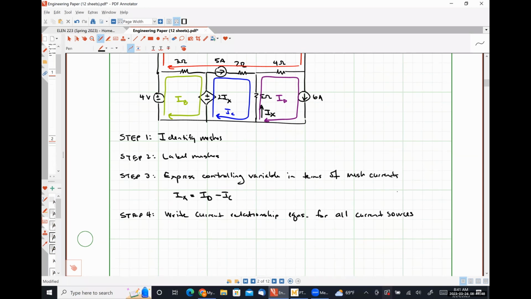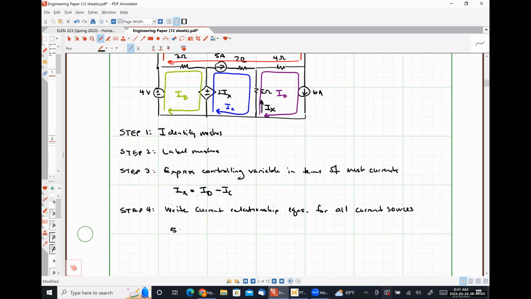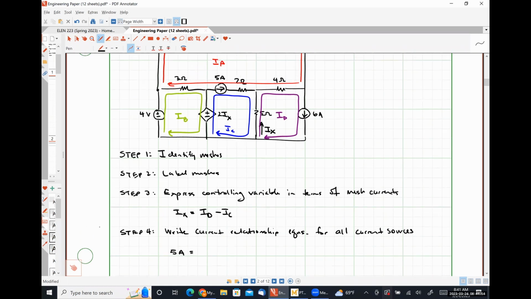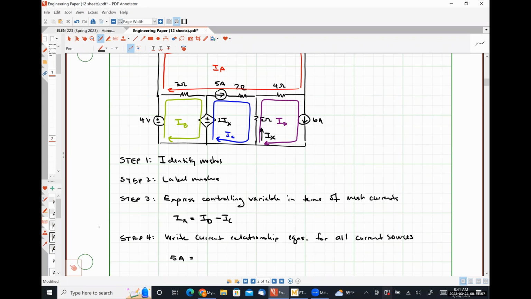So we have 2 current sources here. We have a 5 amp current source. And we're going to write this current relationship equation exactly like we wrote that equation for IX just a moment ago. We can see that IC will be in the same direction as the 5 amp source. So IC is going to get the positive sign. IA is in the opposite direction, so it gets the negative sign.